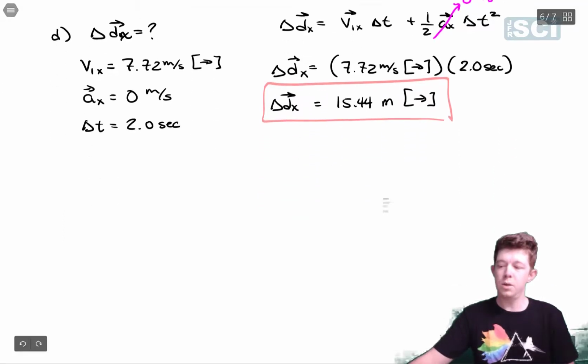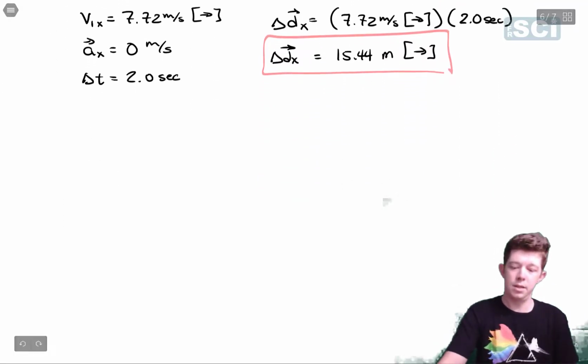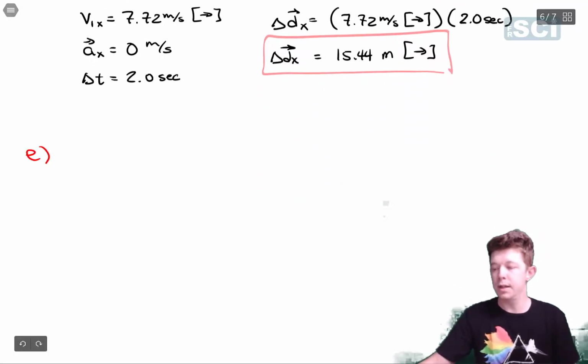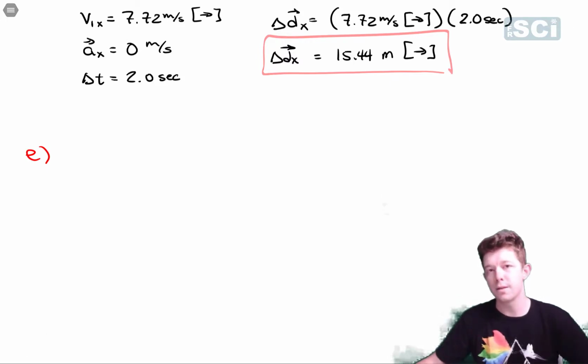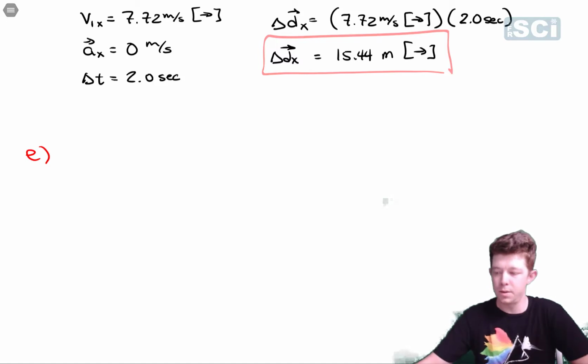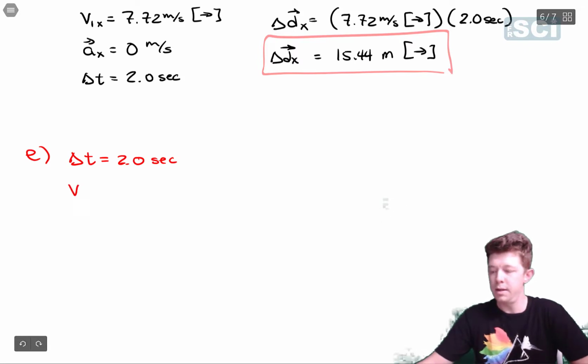Cool. So in E part, we want to find out how fast is this object that the child threw moving after 2 seconds. So delta t is still going to be 2 seconds. My initial velocity in the x direction is going to be 7.72 meters a second, and that's horizontal.